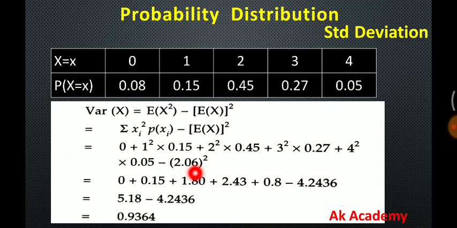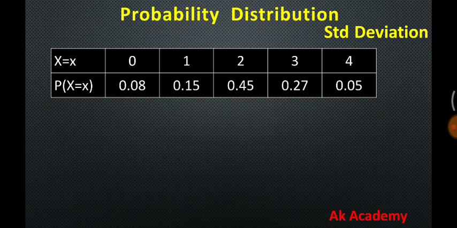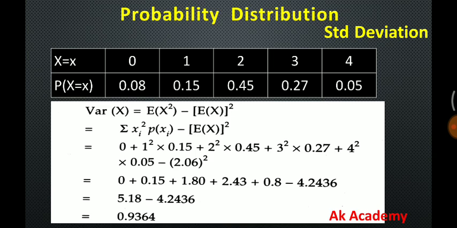See, the value of E of x is 2.06, which you calculated before. So here we have 2.06 the whole square. Why the whole square? The formula says E of x the whole square. Then just add and subtract, and you will get the final answer as 0.9364.